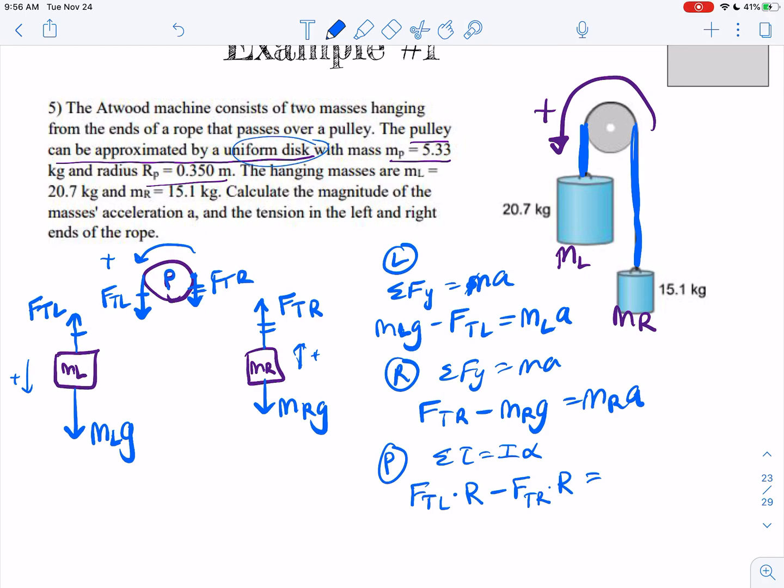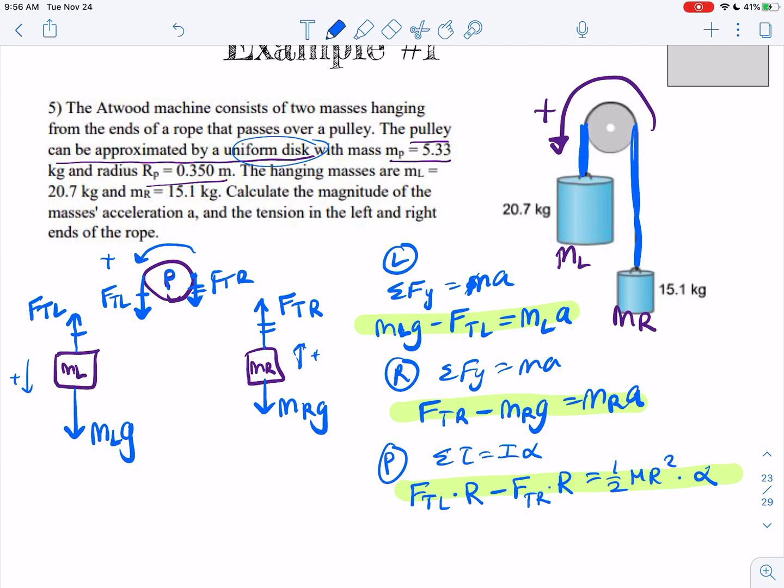Since it's a disk, that's 1/2 mr squared alpha. So now you have these three equations to use, and you should have basically three unknowns. You don't know the tensions, both of them, and you don't know the acceleration.